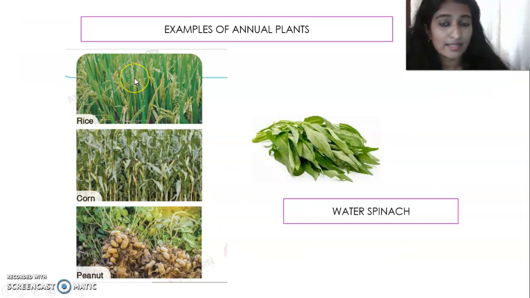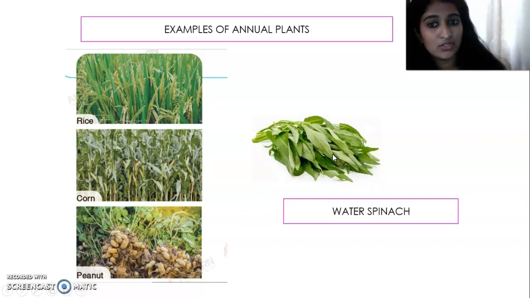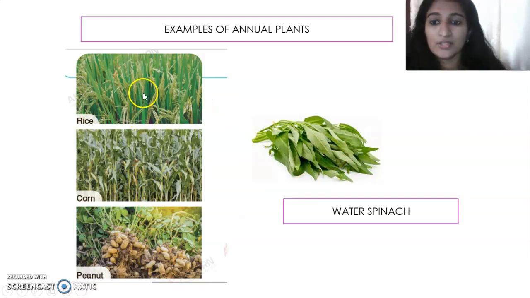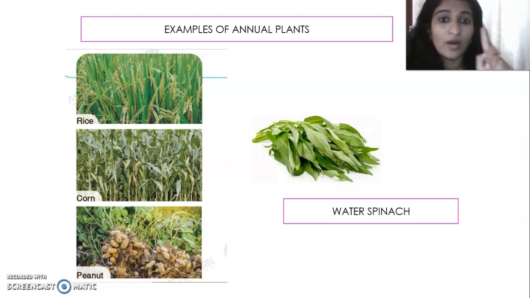Rice: when we put the seeds, the seed will grow, flower, and we have the rice. Rice, corn, peanut, and water spinach are the examples of annual plants. Annual plants means the life cycle is 1 year.